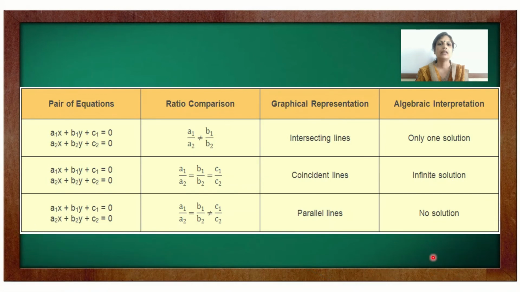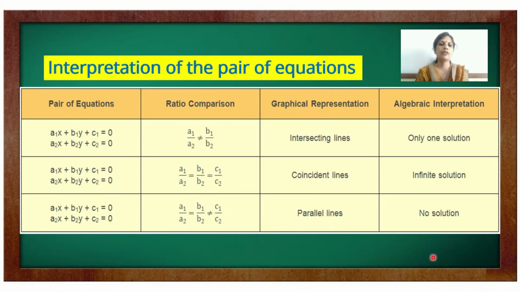Look at this, the graphical interpretation of a pair of equations. Now suppose you are given a pair of equations, you compare that pair of equations with its standard form. Write the values of a1, b1, c1 and a2, b2 and c2.